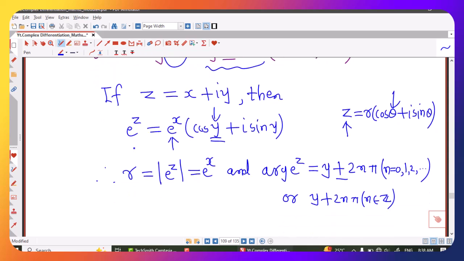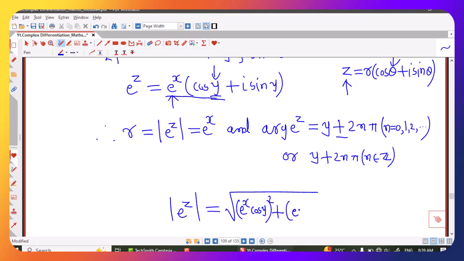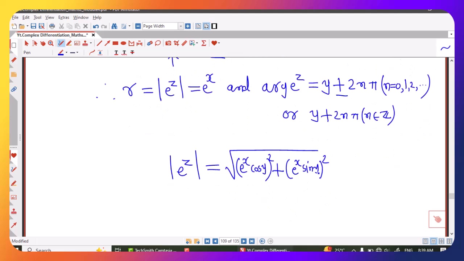If I want to prove that the absolute value of e raised to z is e raised to x, then I know that the real part of e raised to z is e raised to x cos y, so I can take the square of e raised to x cos y. The imaginary part of e raised to z is e raised to x sin y, so the square of e raised to x sin y.